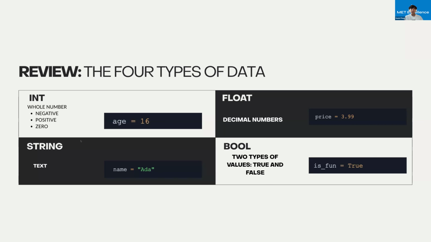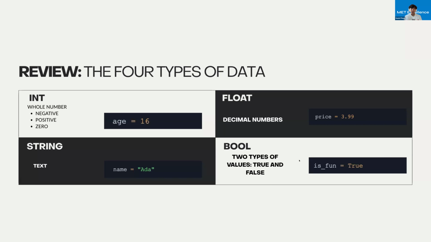And then finally, we have bool, which is short for Boolean. There's only two possible values for Booleans, which are True and False. Capital T and capital F is what you need to write if you're going to be using Booleans, and there's no quotes around them. For example, with the variable is_fun, we set it equal to True.